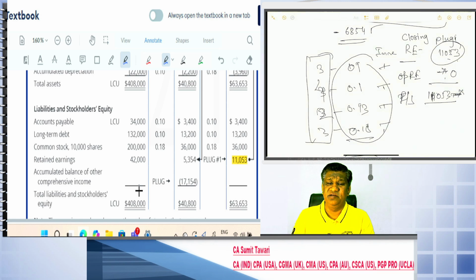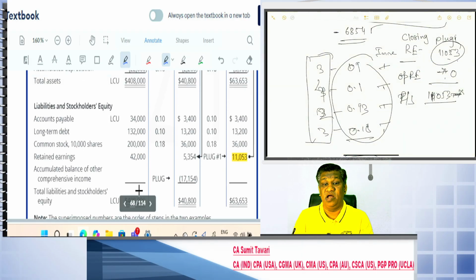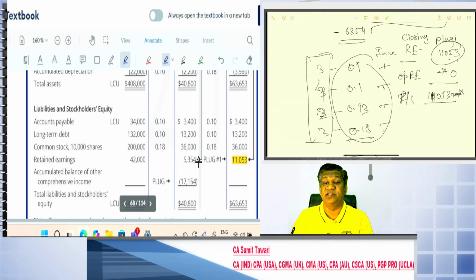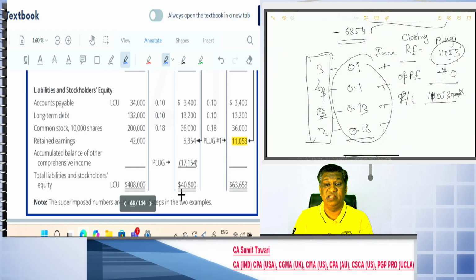In translation, in PNL, we do not require to recognize any plug. Whatever amount arises we add to the retained earning, and after that we get the difference, which we recognize through other comprehensive income. Mainly in the balance sheet we get it, because different exchange rates are used for the conversion.